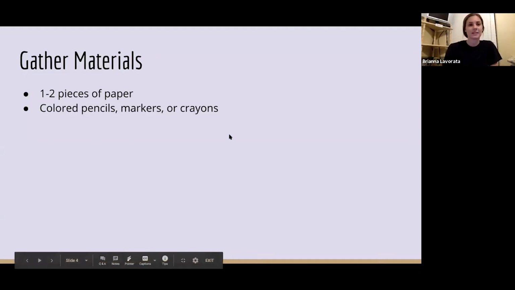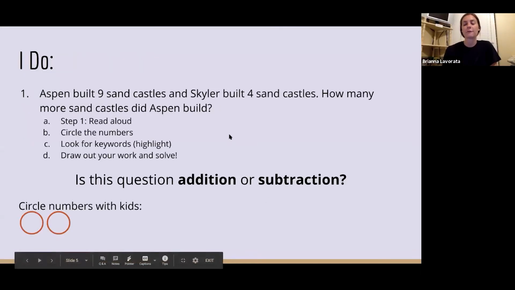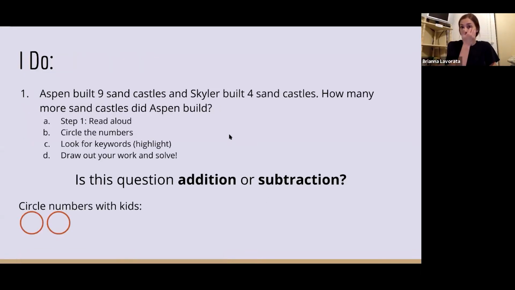Okay, so we're back. So now I'm gonna first model how to do this problem, okay? So what we first want to be doing, the first step in solving a word problem is we wanna read the question out loud. So I'm gonna go ahead and read this. Aspen built 9 castles and Skylar built 4 castles.